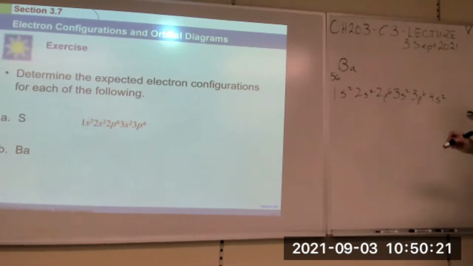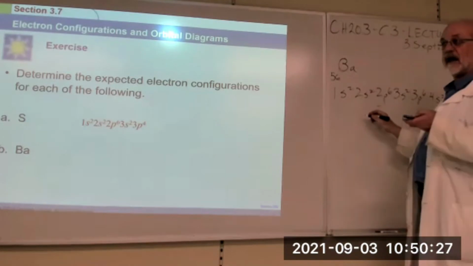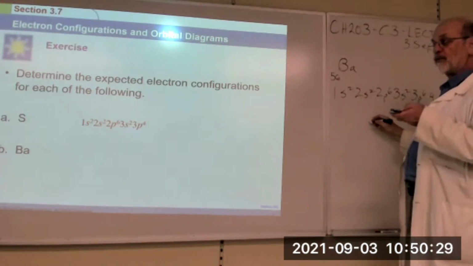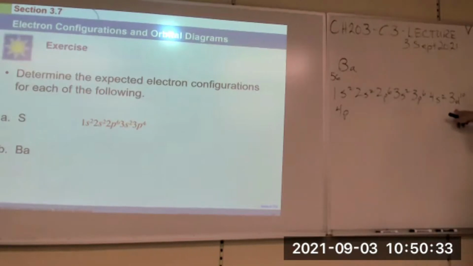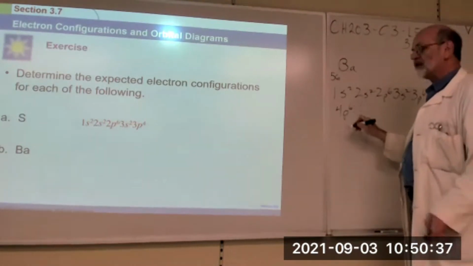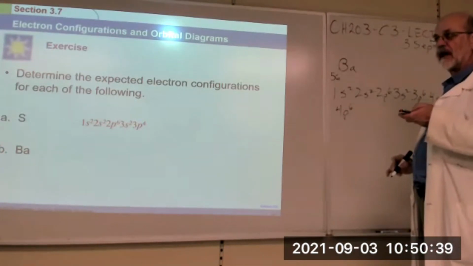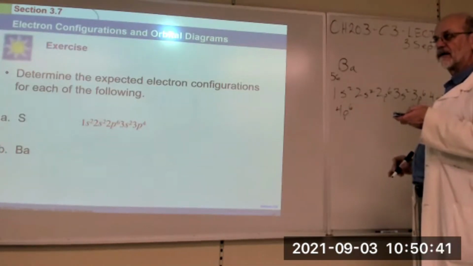We're going to fill all those up. 3d10. I have to wrap around. And now we're back to 4p. Remember, this is where we backtracked on that diagonal. And then we got 6 in this one. All right, so we're down to here, correct?